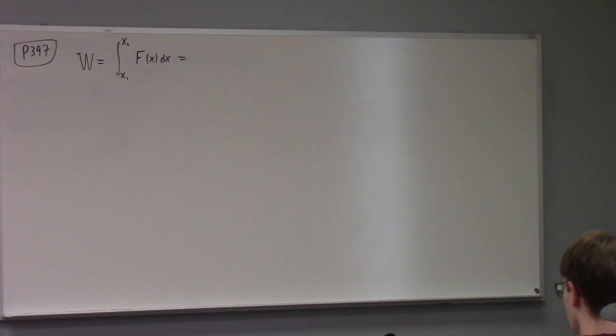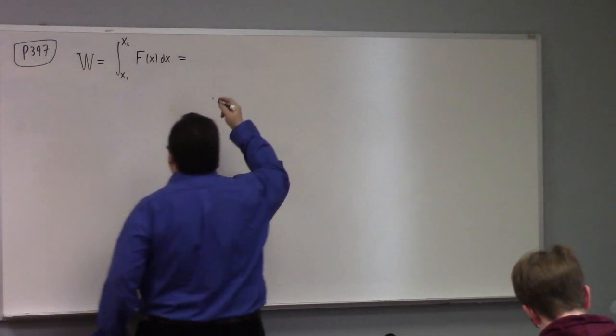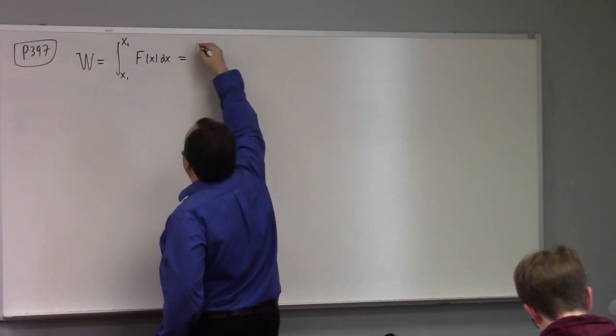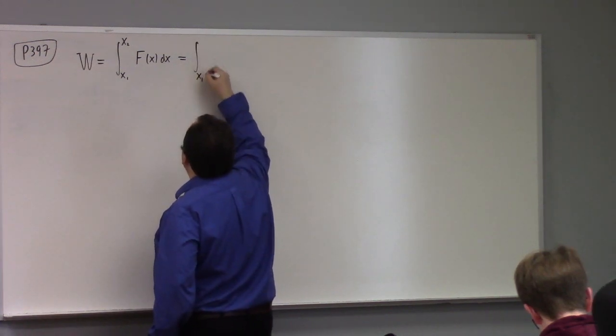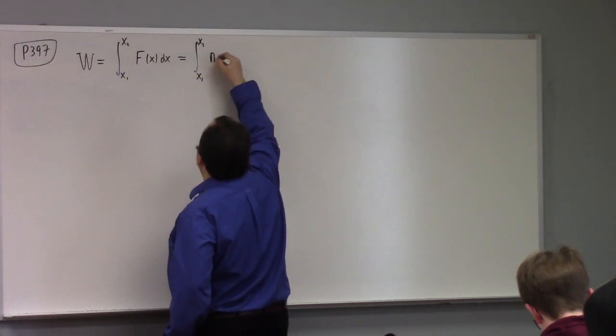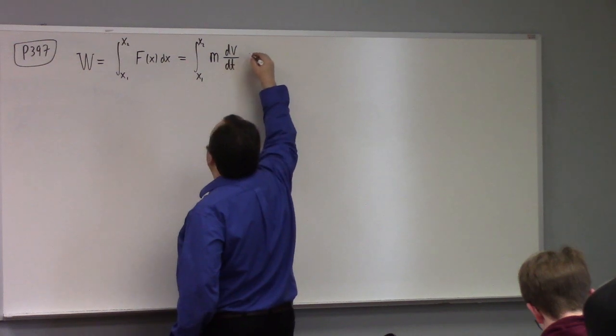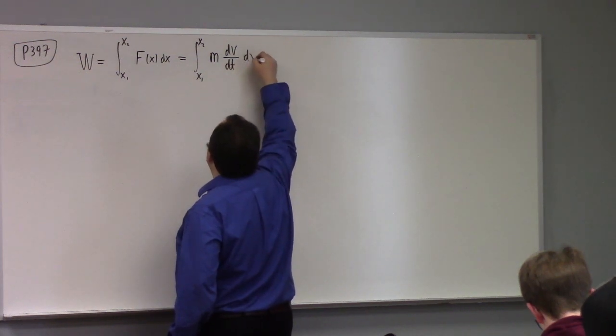So let's put that in there and see what that does for us. We're trying to prove the work-energy theorem at the moment. That's what problem 397 is about. So the integral from x1 to x2, if this is the net force, is equal to m times dv/dt dx.